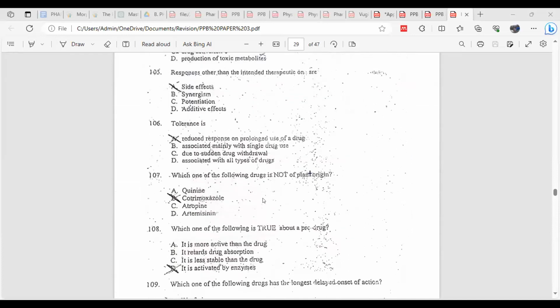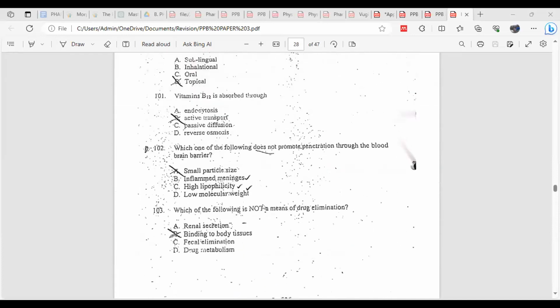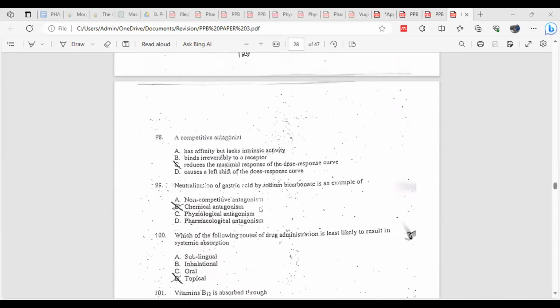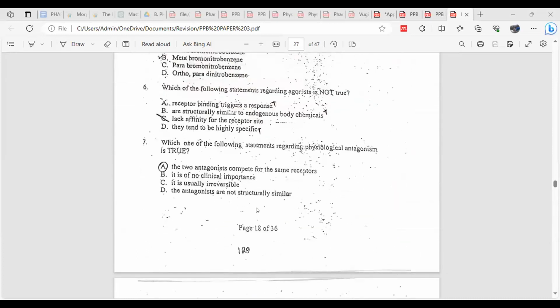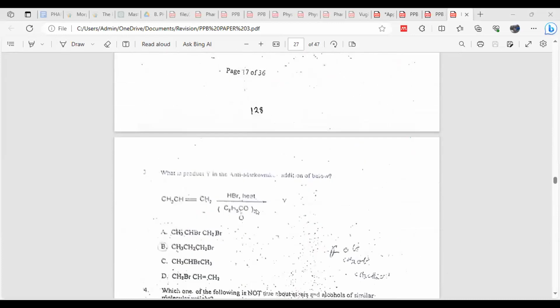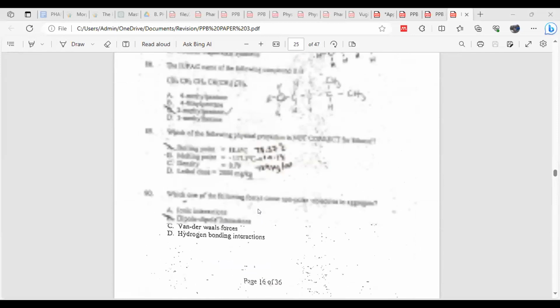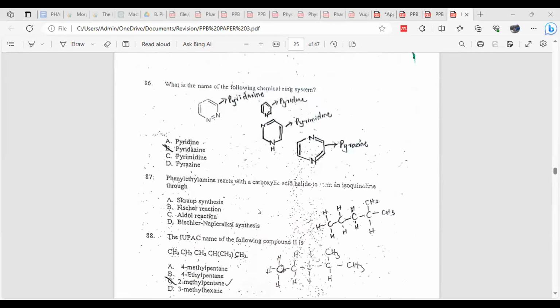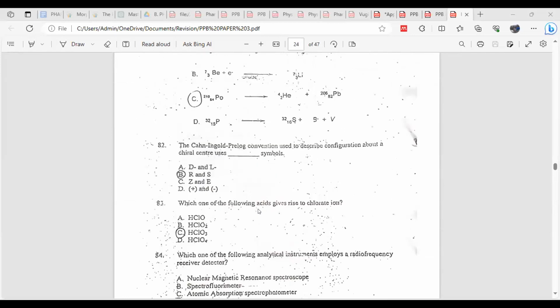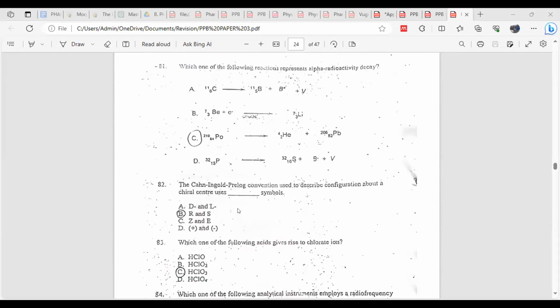Oh, Pastor, unaona vizuri kweli. Ninunulie miwani mimi sasa. And ndio hiyo. Can Ingold use to describe the chiral center, uses dash symbols. Configuration about a chiral center.